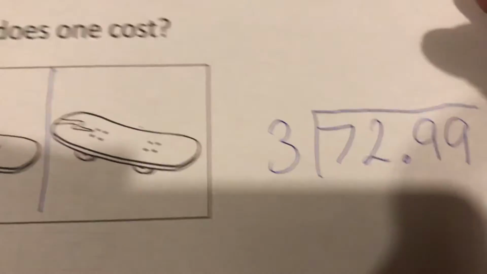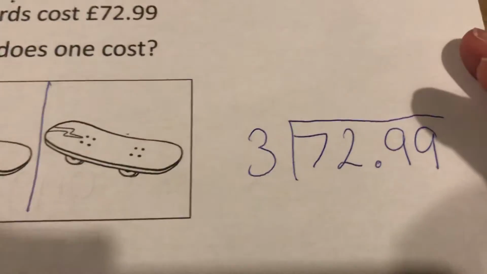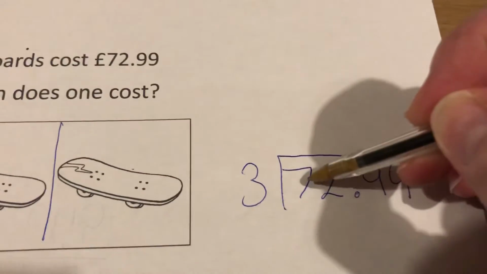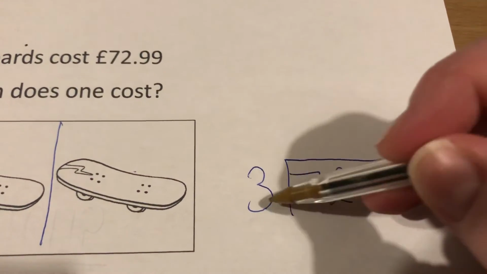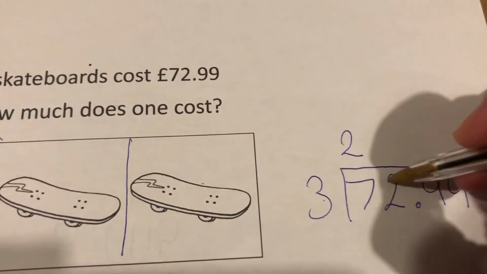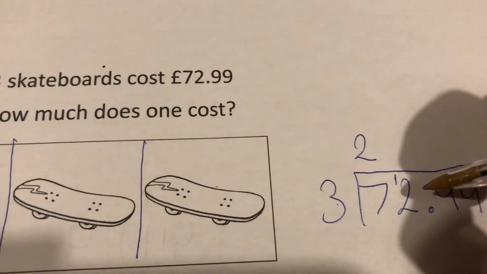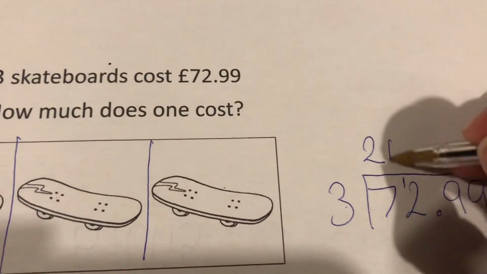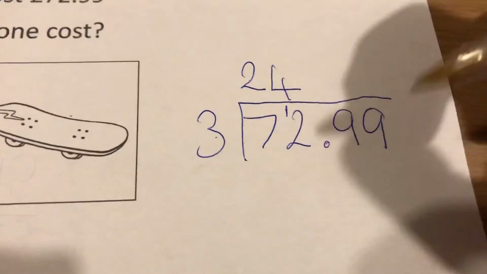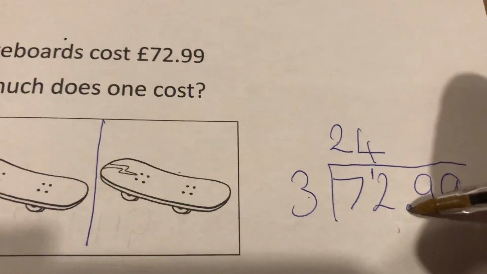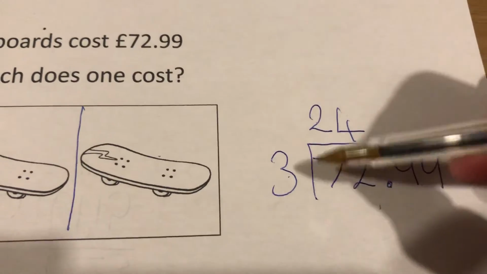Now, you might think this is a bit tricky because I've got a decimal point, but let me show you. So again, we start with the highest place value. So 7 divided by 3 is 2. 3 2s are 6. I've got 1 remainder. 12 divided by 3 is 4. Now, I always have a little saying when I say to my children, if the decimal's in the house, pretend that's a house.